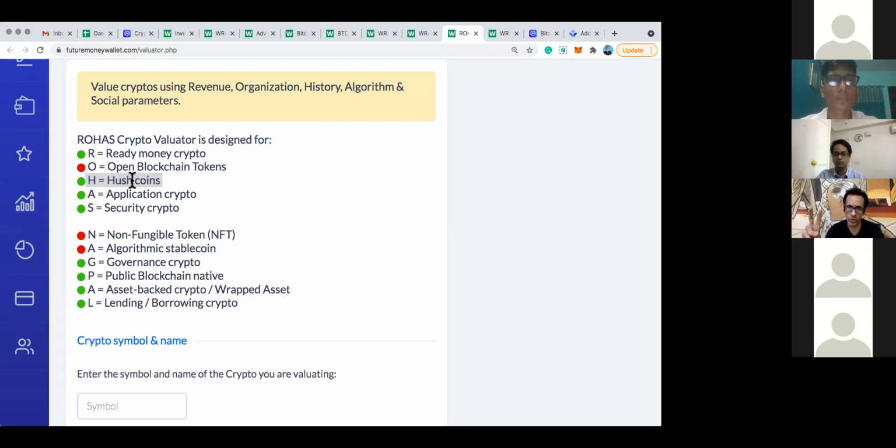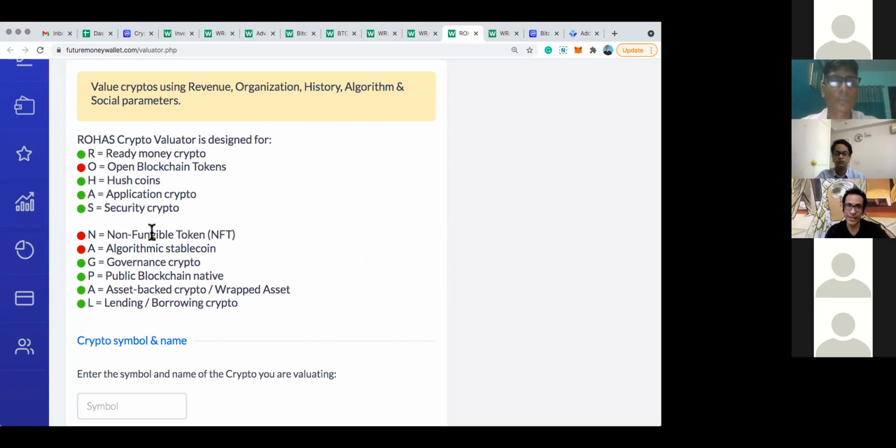The moment you do that, it's considered a security and it would be illegal under Indian law, because SEBI and the securities laws say that you need to register and follow certain norms if you are going to do an issue of securities. So as of right now, a security raise in India would be illegal because SEBI already has laws. So you need to make sure what you're buying is not a security or what you're selling is not a security.